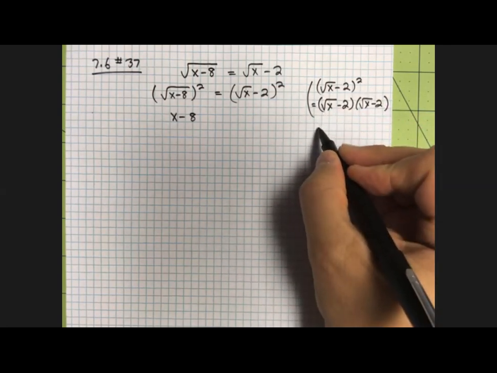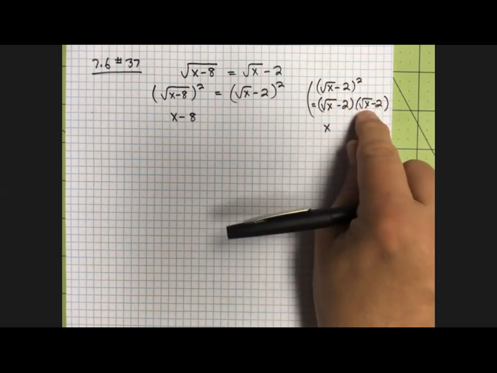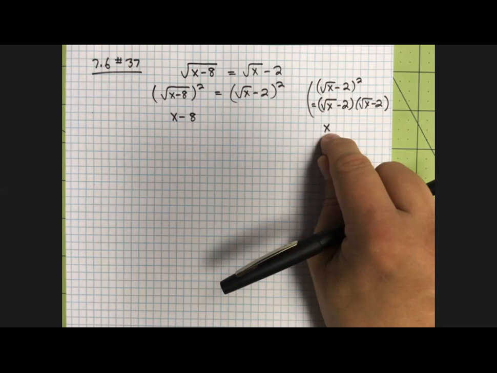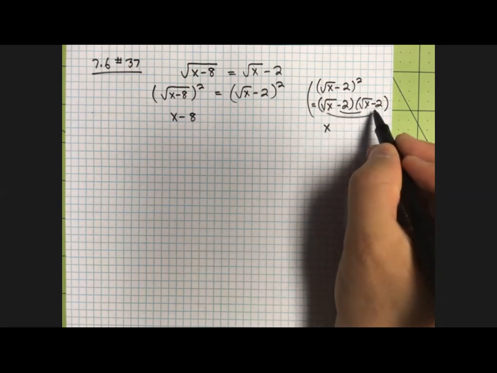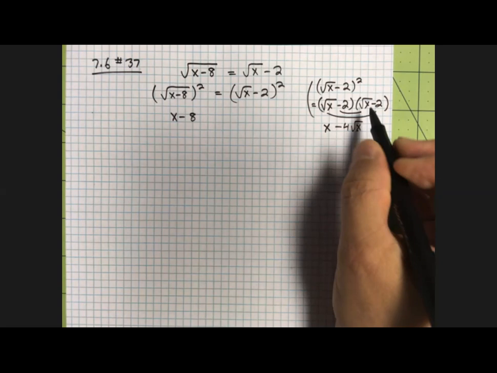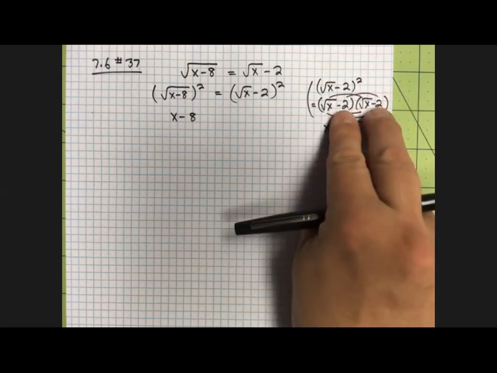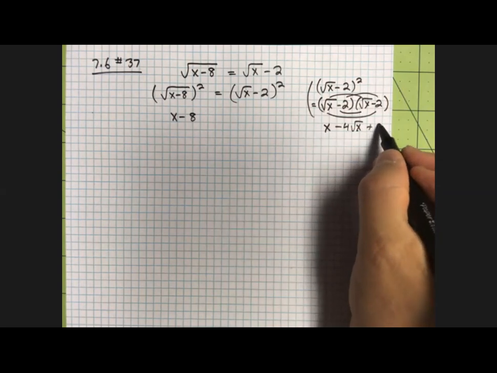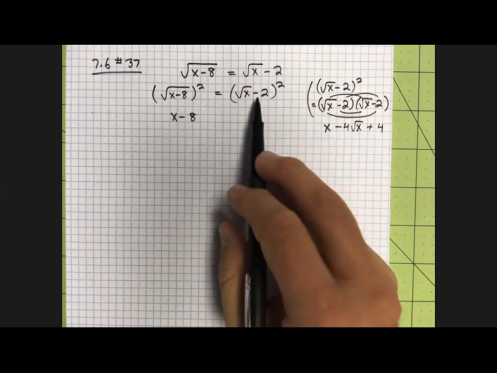Root x times root x is just x. Root x squared, x. Then I'll have a minus 2 root x and a minus 2 root x. That'll be minus 4 root x. And then minus 2 times minus 2 will be plus 4. So I don't just have x minus 4.